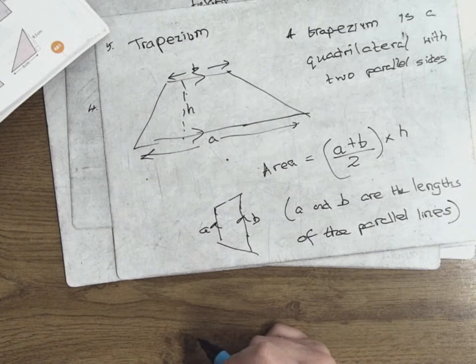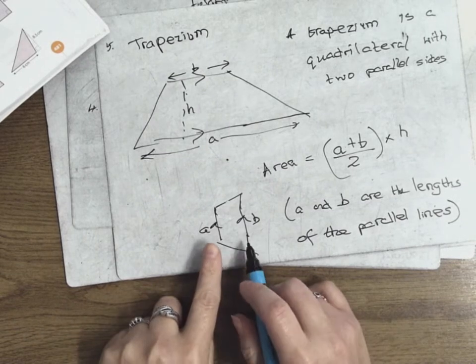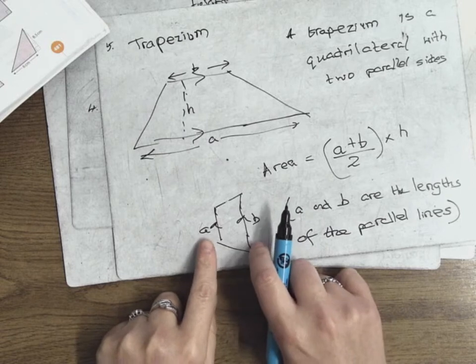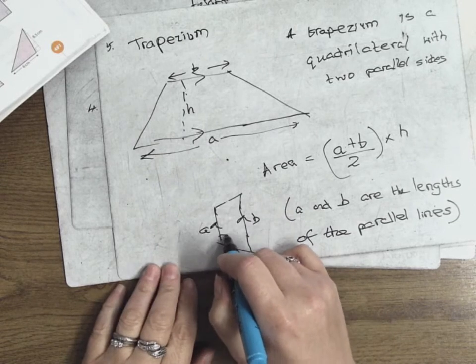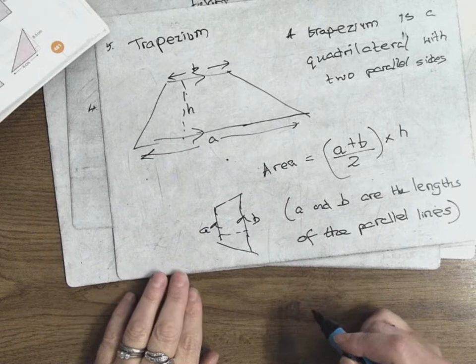So even if it's sideways, you have to use these two lines, and the height is the distance between these two lines.